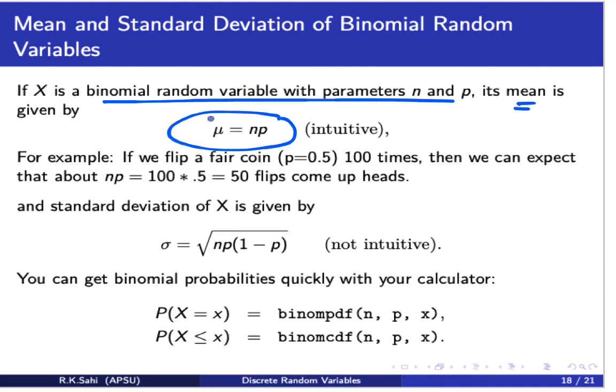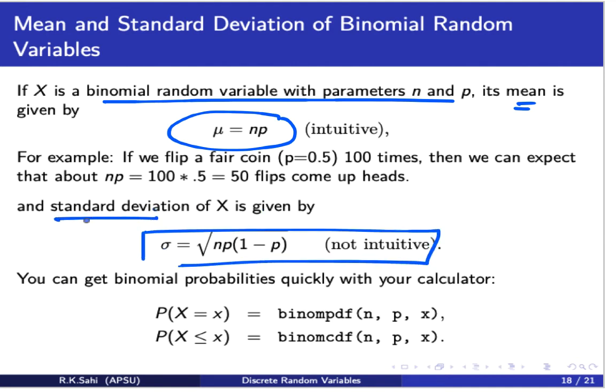It is simply n times p, the number of trials times the probability of success. And the standard deviation is given by this formula. Just remember these two, and we have already talked about how to use them.